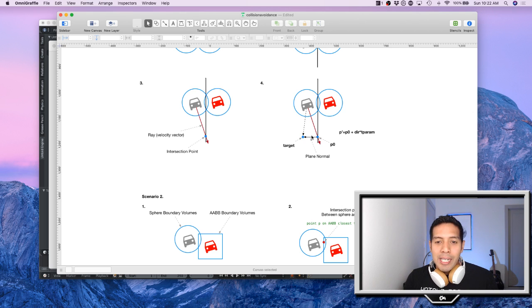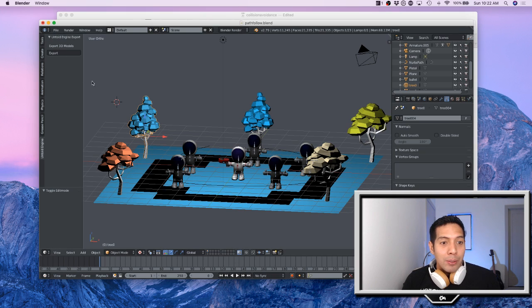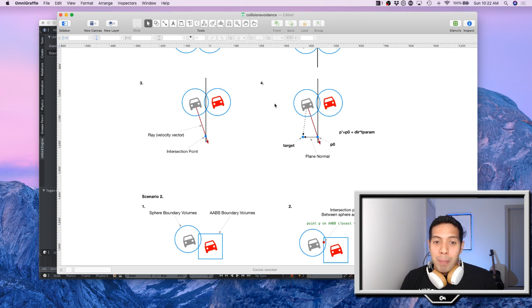And that's how I create the target, and that's how I'm able to avoid any collision between two entities. So that's scenario number one. Now, if you notice, the trees here were bounded by a cube, an AABB cube, right? So we need to also think about that scenario.